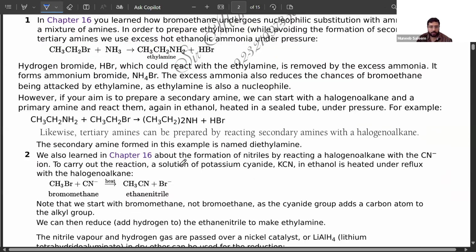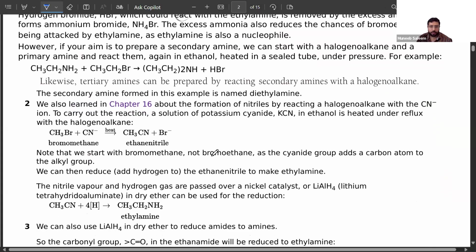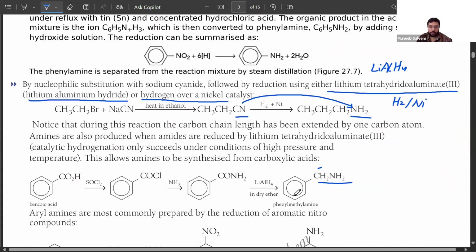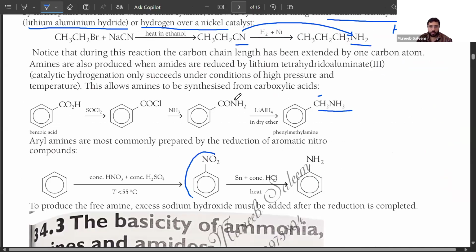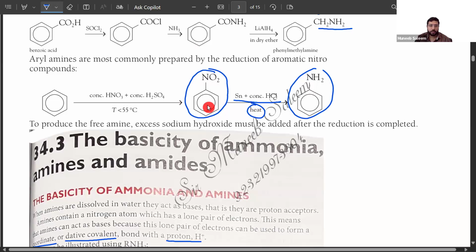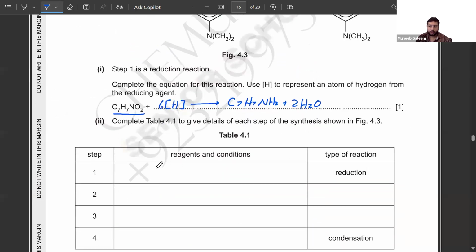Similarly, the same topic is mentioned over here, in which you can see this nitrophenyl is converted into phenylamine using tin plus concentrated HCl and heat. So you will simply write these reagents and conditions: Sn plus concentrated HCl is reagents and also heat.